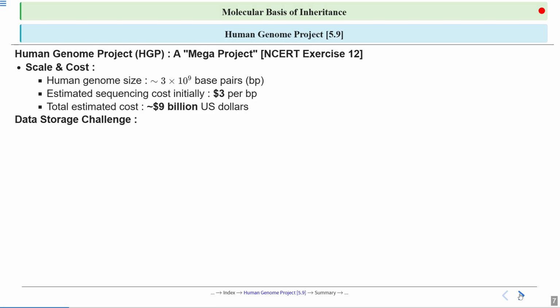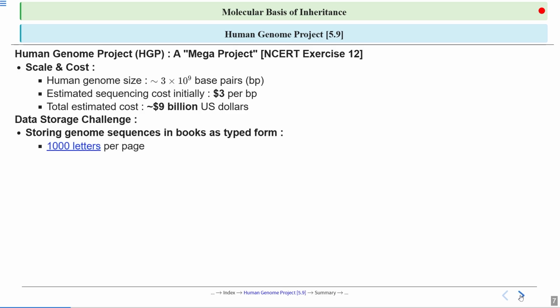Now, if we talk about the data storage challenge, storing the genome sequence in book form means that if we start typing A, G, T, G in the book, what will happen? 1,000 letters per page means on a page there will be 1,000 letters, and in one book there will be 1,000 pages.